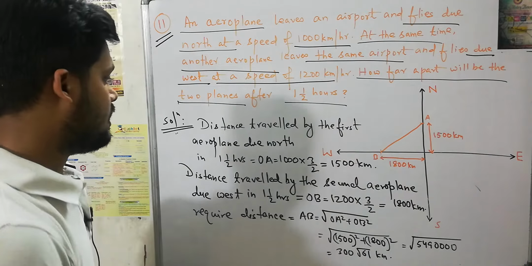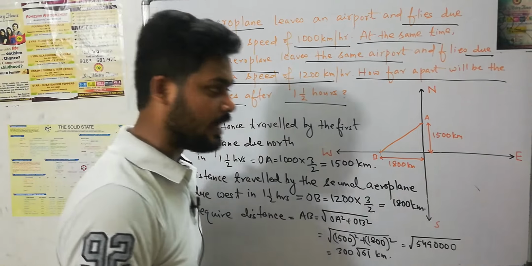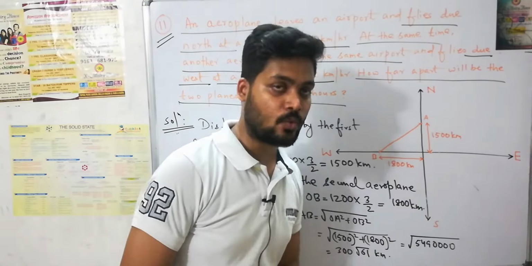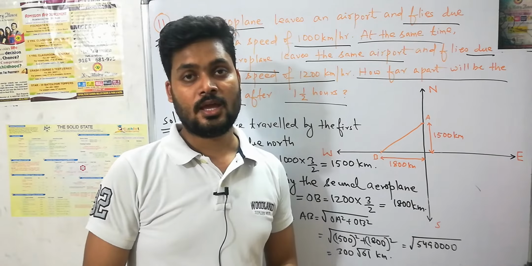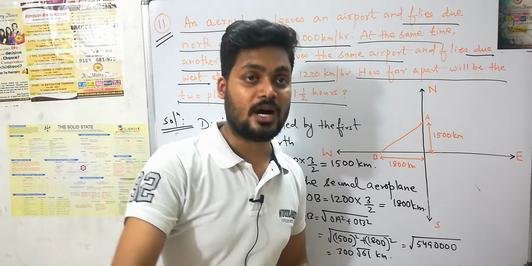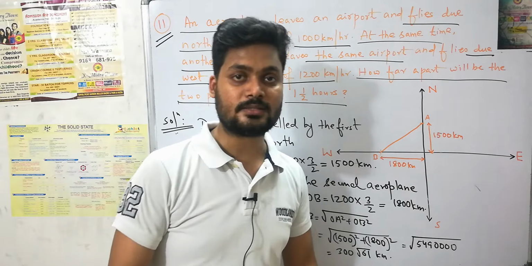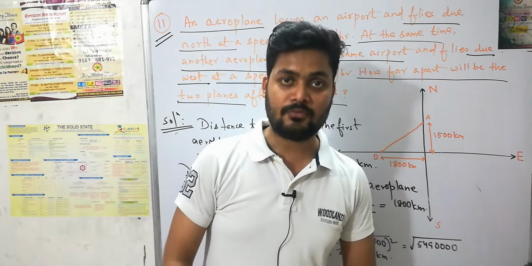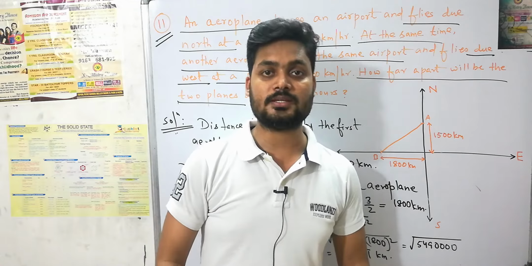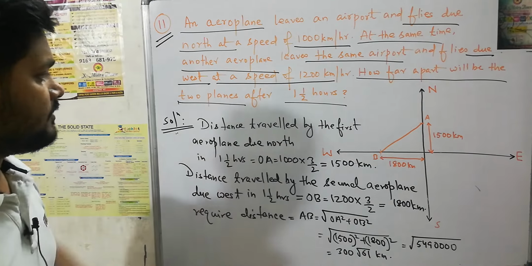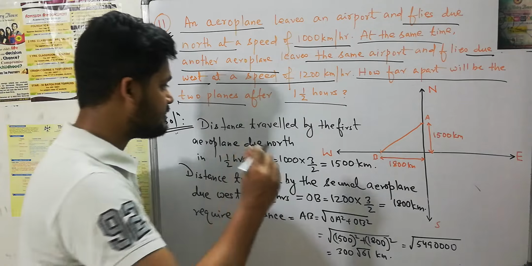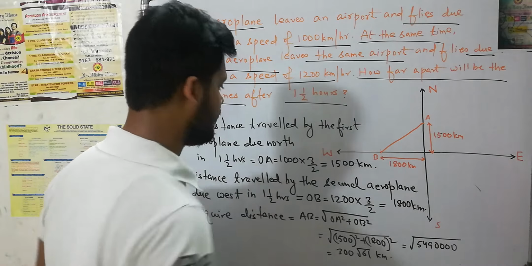Now see, first let us calculate the distance traveled by the two aeroplanes after 1.5 hours. What is the first statement I have written? The distance traveled by the first aeroplane due north.